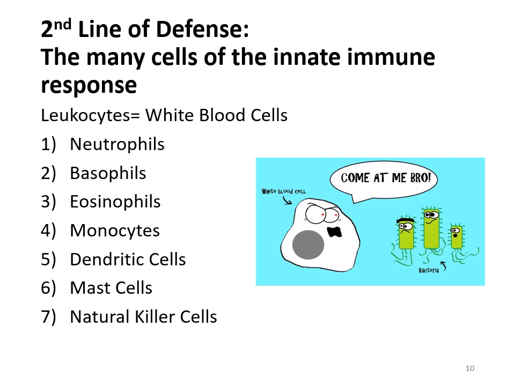Now, when I say your white blood cells, I mean your various leukocytes, or cells that are trying to protect your body. So here I listed out the many cells of your immune system trying to protect you, and we're going to go one by one through each of them to look at the key points about each one.